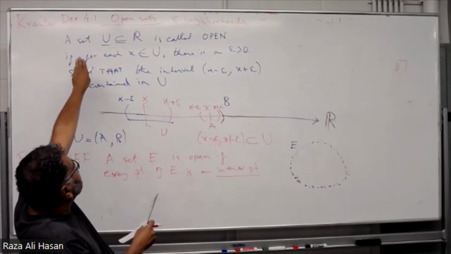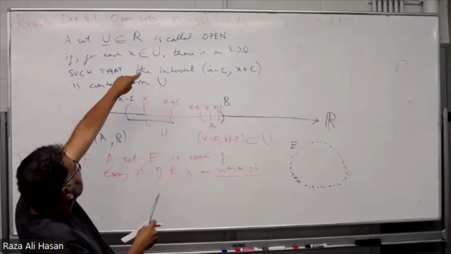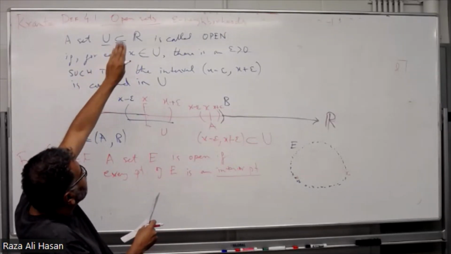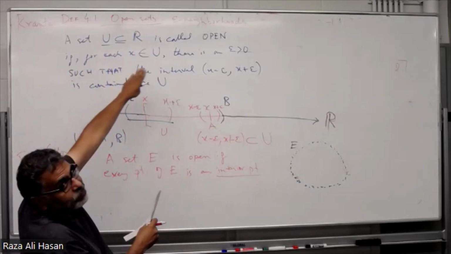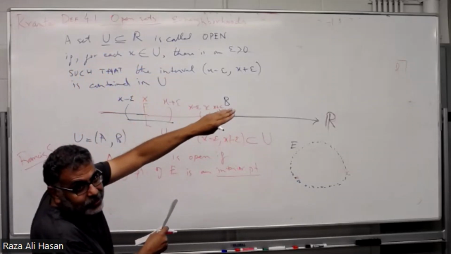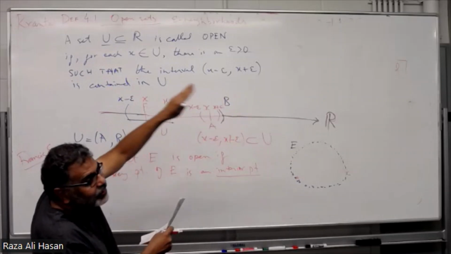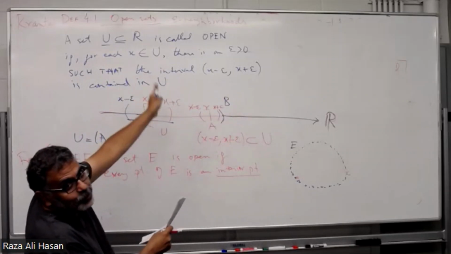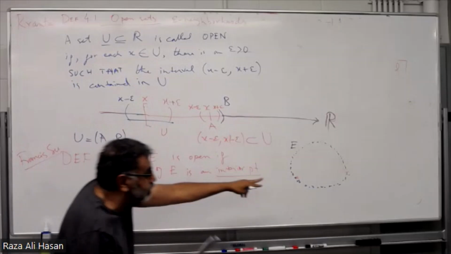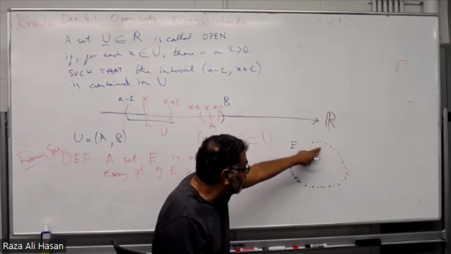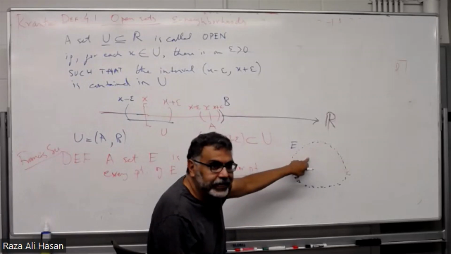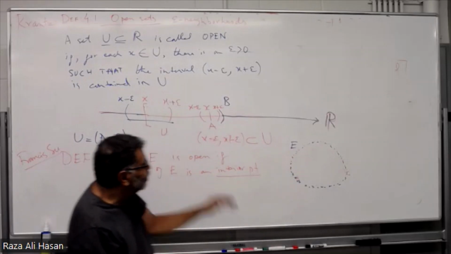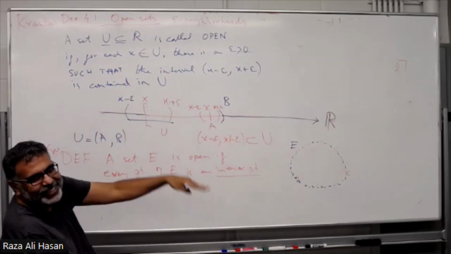We could have said a set U, a subset of the real numbers, is an open set if each of its points is an interior point. And what is an interior point? A point of a set such that if you draw a neighborhood or a ball around it, that ball is fully contained inside the set. So you kind of displace the same definitions around.